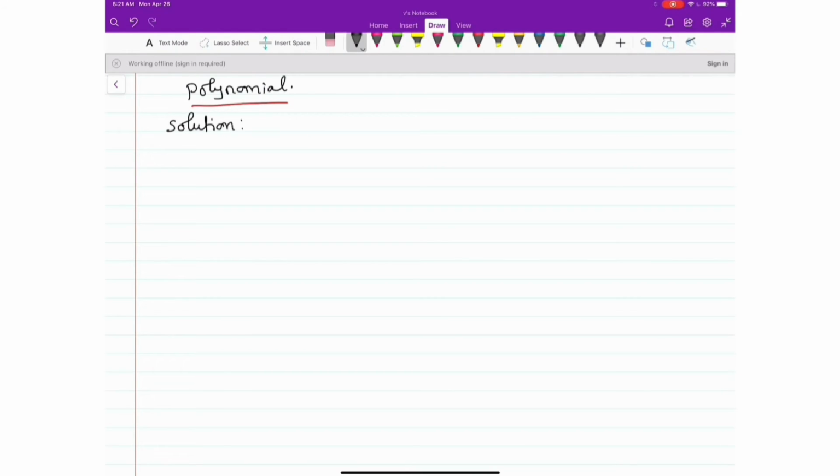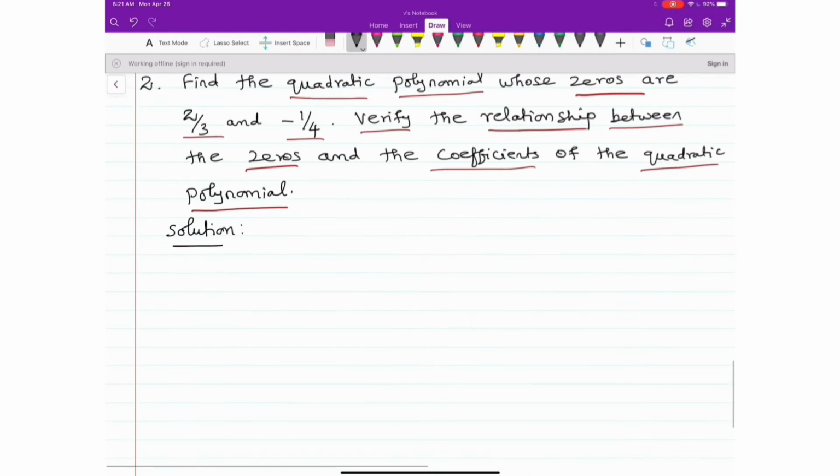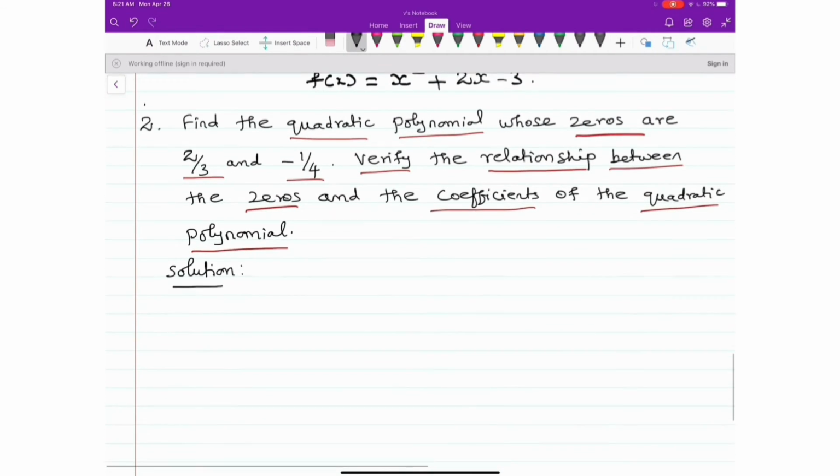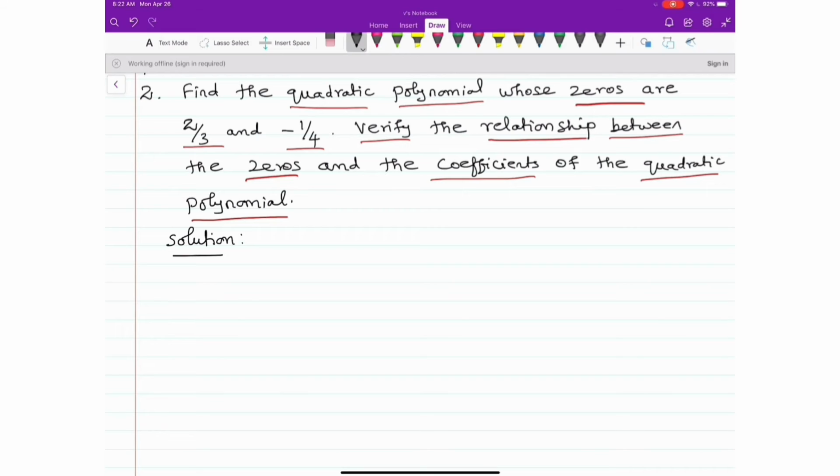See, you have to find out a quadratic polynomial. You know, the very important step is, in general, any quadratic polynomial can be written as f of x is equal to k into x square minus sum of the zeros into x plus product of zeros. So let me write that step for you now.